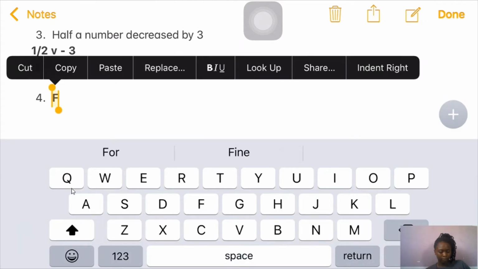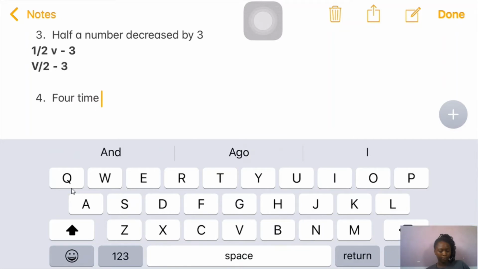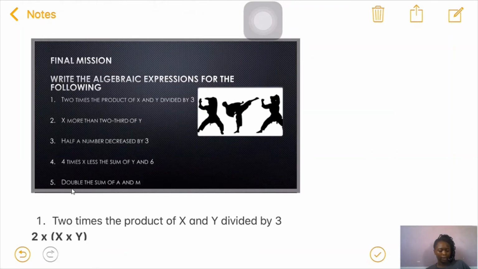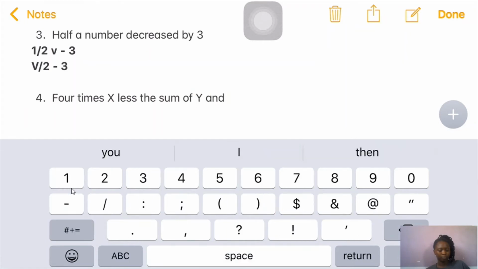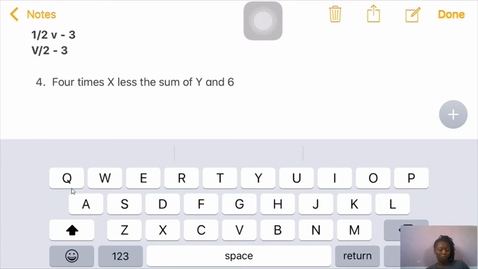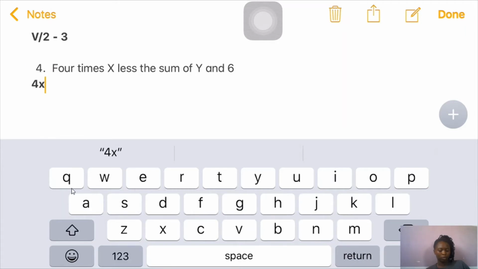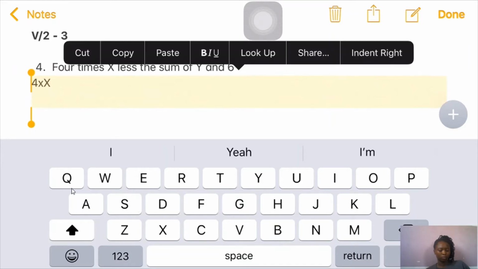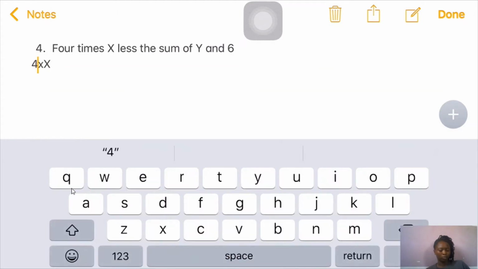So 4 times x less than the sum of y and 6. Let's get our 4 times x. 4 times x.